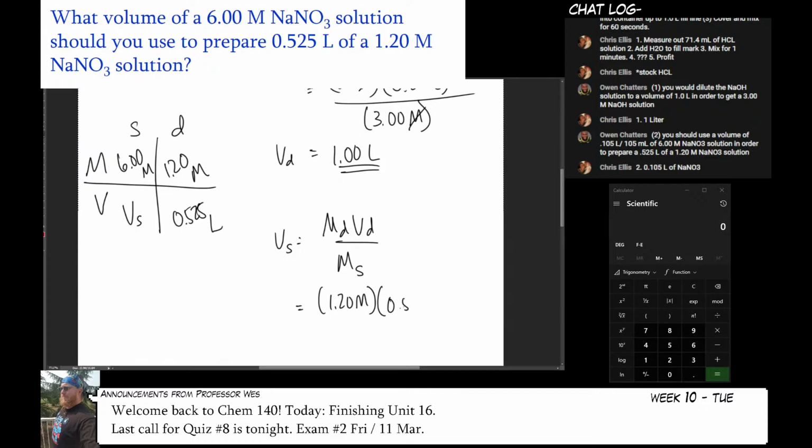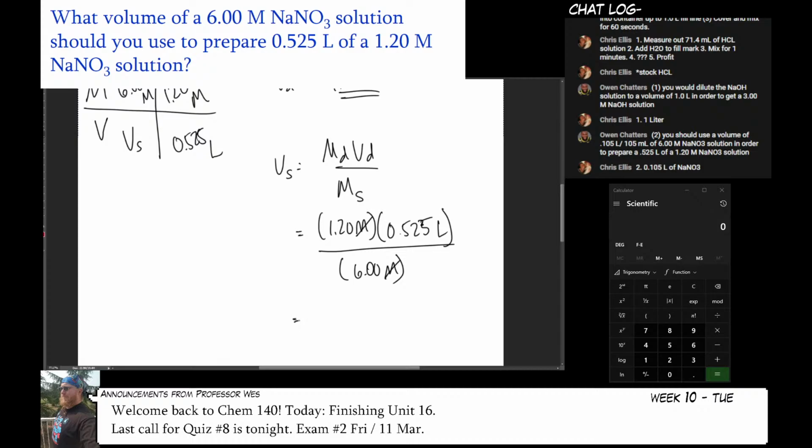Dilute volume, 525 milliliters, or 0.525 liters. And then stock molarity, 6 moles per liter. And that one I have to use a calculator. 1.20, 0.525, 6. Either of those is fine. And there you go.